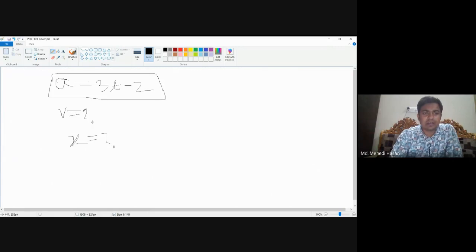If we try to find out the velocity, then we have to integrate the acceleration with respect to t, and if we try to find out the position, we have to integrate the velocity. So this is the reverse process. Basically, if acceleration is given, we can calculate the velocity and position by this process, and if the position is given as a function of t, then we can easily find out the velocity and acceleration by differentiating the position.